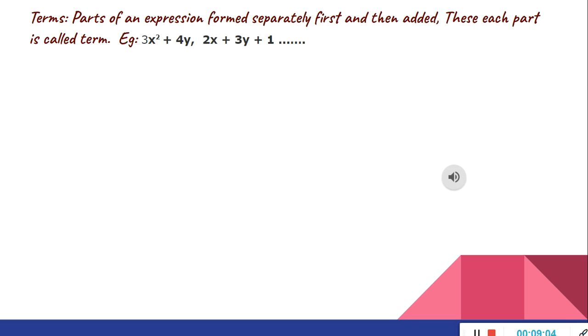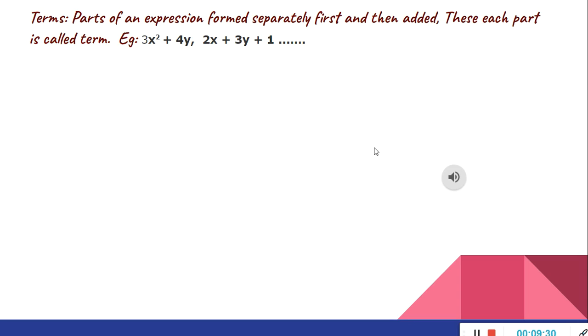For example, 3x square plus 4y. There the terms are: 3x square is one term and 4y is another term. So how many terms are there? Two terms are there in one expression. Same way, next example, 2x plus 3y plus 1. There three terms are there: 2x, 3y and 1.